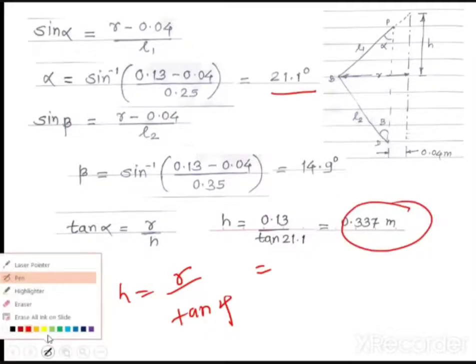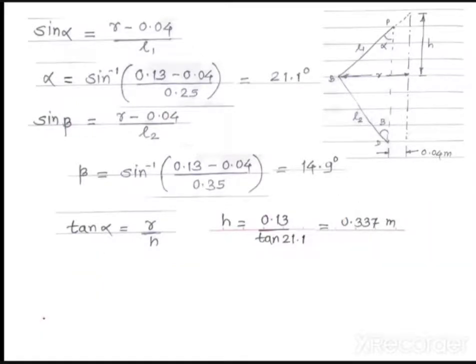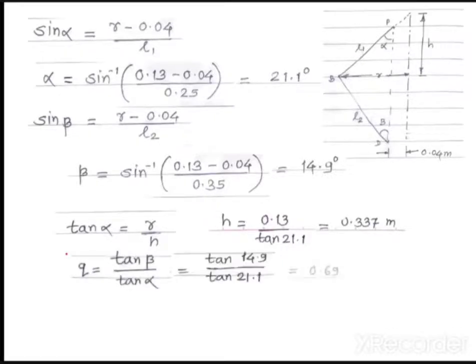So guys, this is one more new method where you can calculate h from trigonometry, because till now you have calculated h from the formula, for which you should know either n or h. Now here I have calculated h in this manner. Have you understood how you find out h? And now what is q? q is equal to tan alpha upon tan beta.